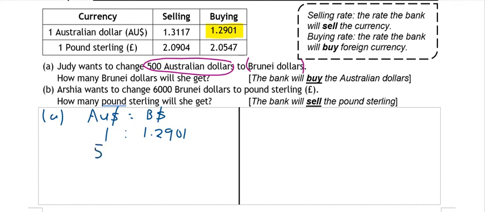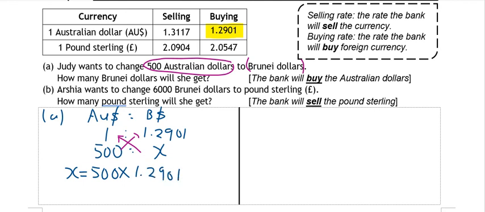So 500 equals, you want Brunei dollars, so you give X. Same working, cross multiplication, X will be 500 times 1.2901. If you calculate using a calculator, you will get Brunei dollar $645.05. Okay, let's move on to the next part.